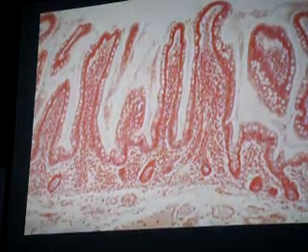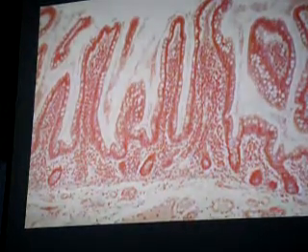Smooth muscle, which you call muscularis mucosae. So actually, in this area, although this slide is not good, you should appreciate smooth muscle over this area. And the lining and the connective tissue beneath is what? Dense irregular connective tissue.